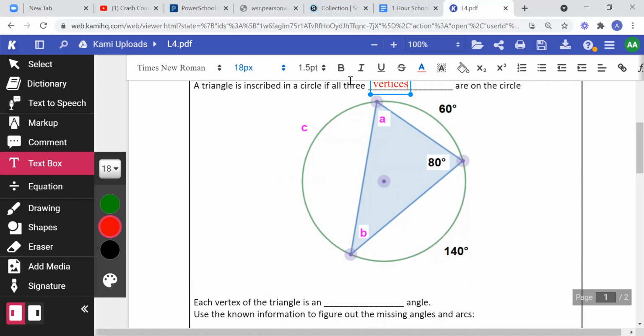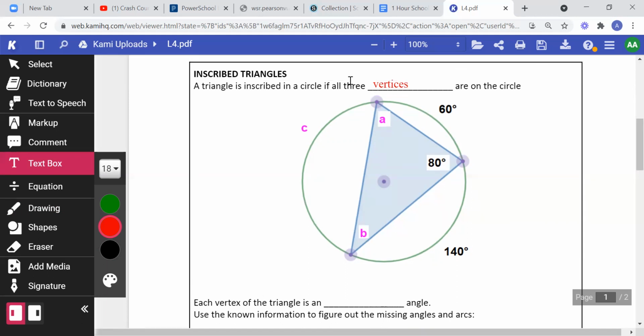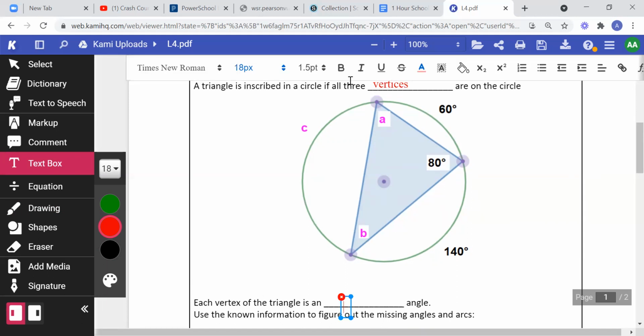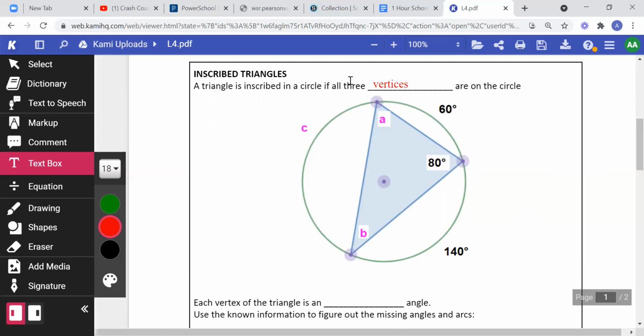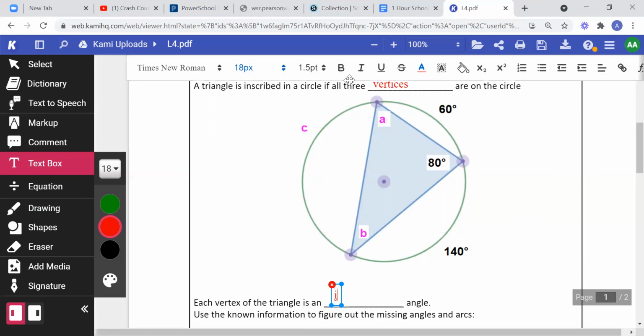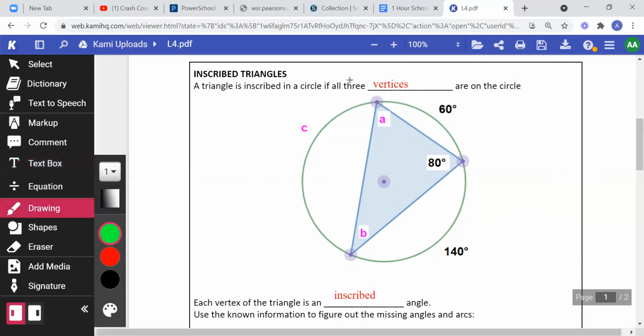So each vertex of the triangle is definitely an inscribed angle. Because as you can see here, if you take angle A, it's on the circle. If I take this angle here, it's on the circle.